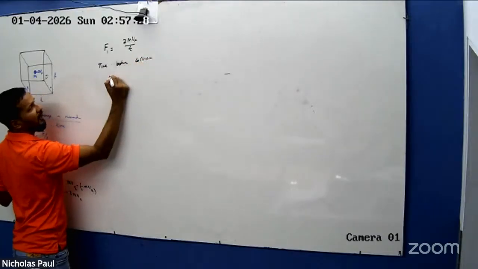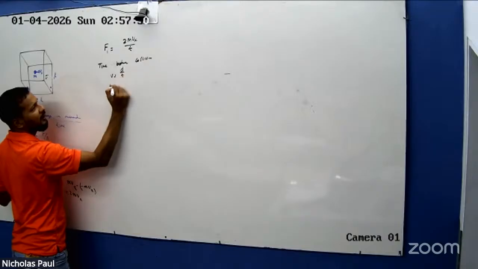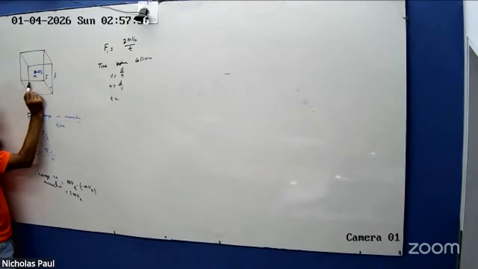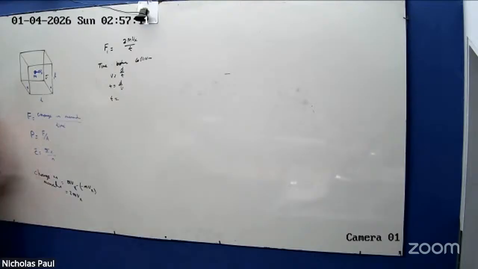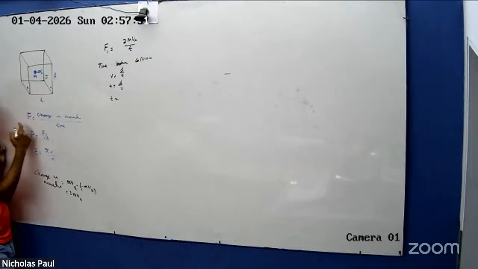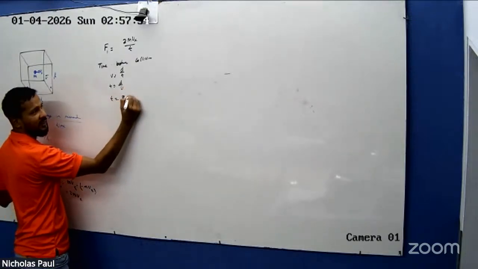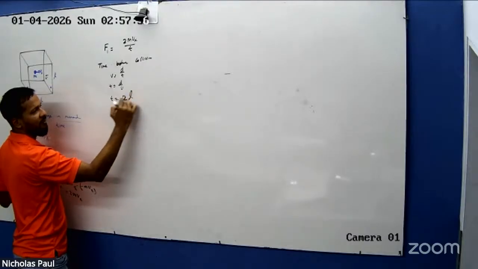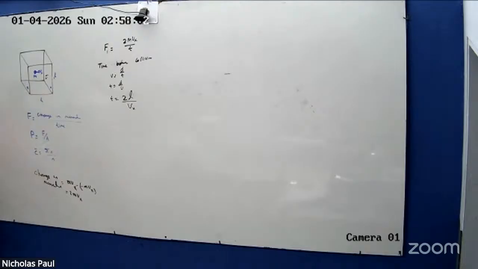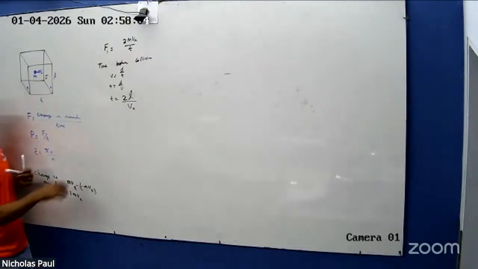Remember that velocity is distance over time, so time is distance over velocity. The distance covered is from here to here and back to here. When it leaves here, collides here, the next time it collides is here. So time between collisions is the distance traveled, which is 2L, over the velocity it's moving with, Vx. Are you okay there?